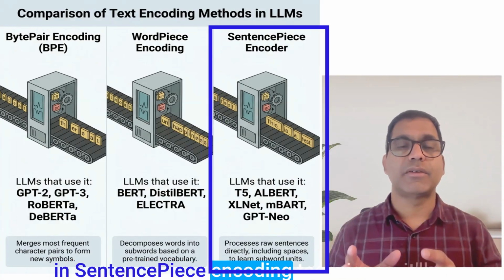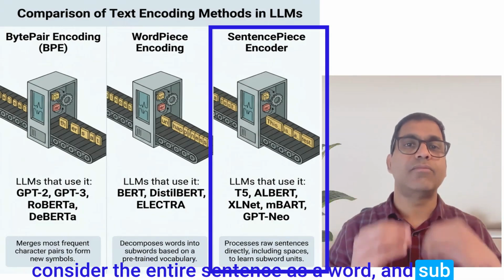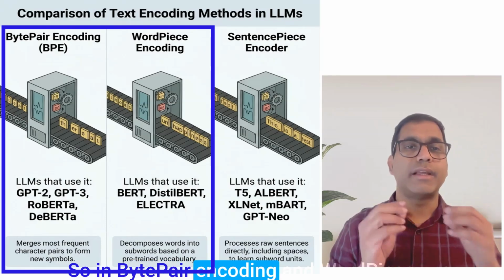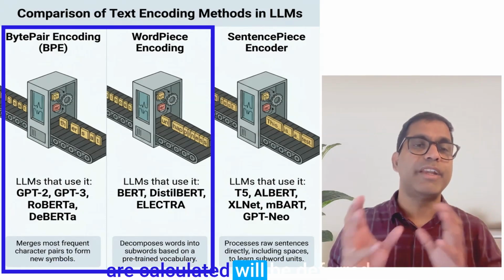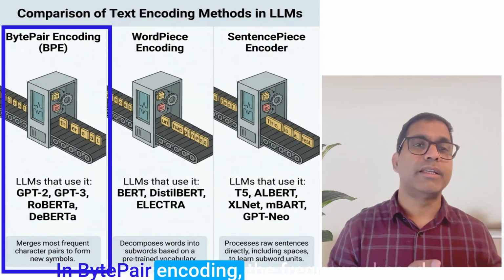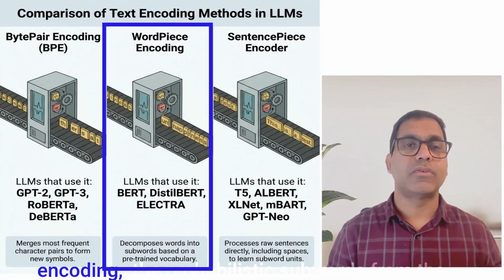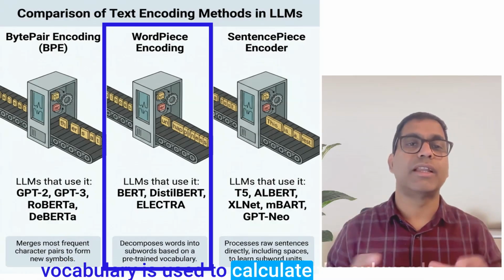Whereas in sentence piece encoding, it will consider the entire sentence as a word and subwords are detected from the entire sentence. In byte pair encoding and word piece encoding, the way in which the subwords are calculated differs. In byte pair encoding, frequency based subwords are calculated, whereas in word piece encoding, probabilistic subwords from the vocabulary are used to calculate the subwords.